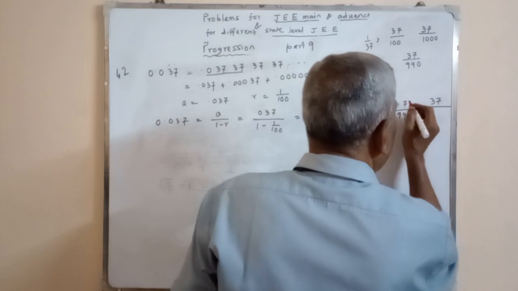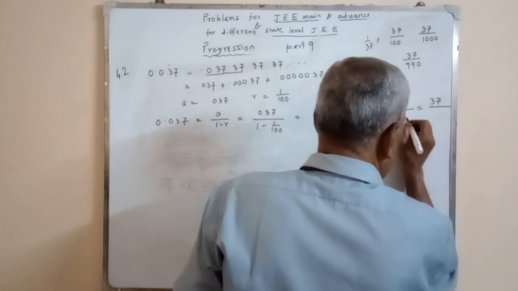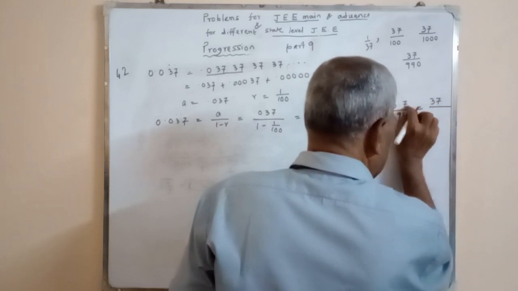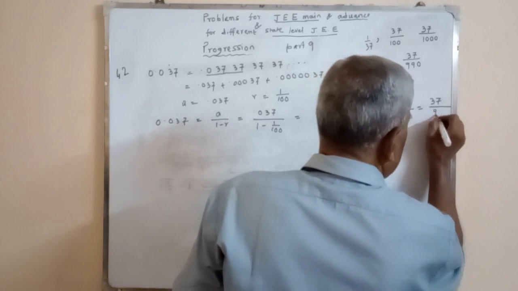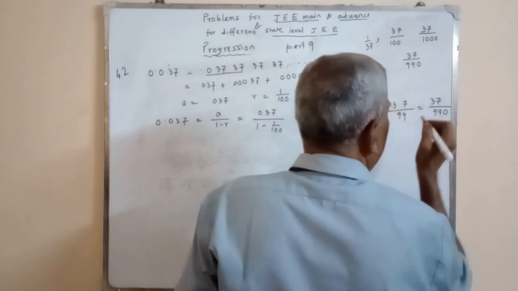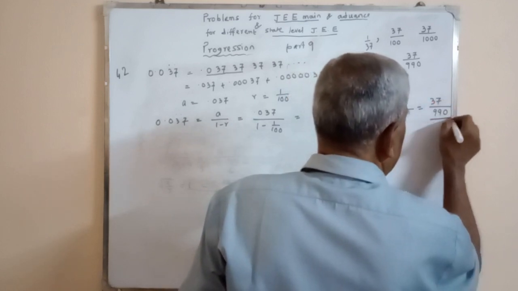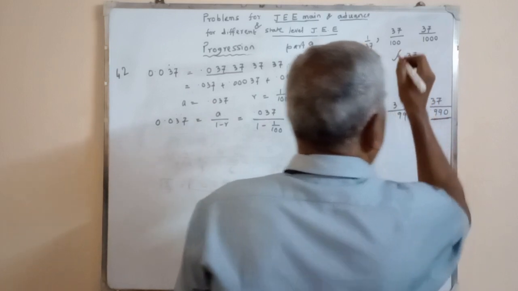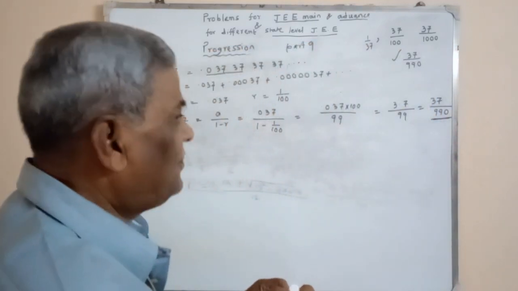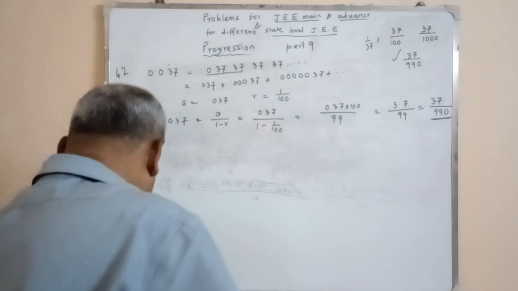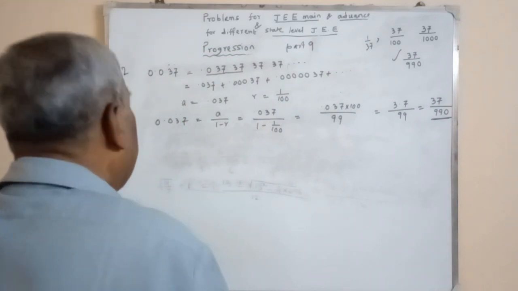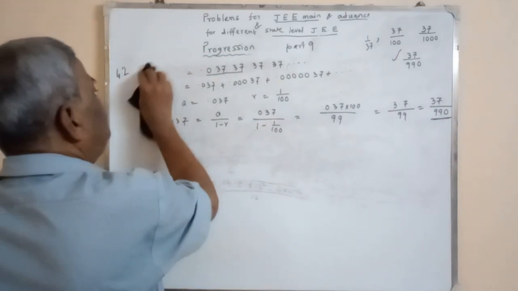I multiply here by 10, here also by 10. So this is 37 and this is 990. So this is the correct answer, the correct option. Next problem.